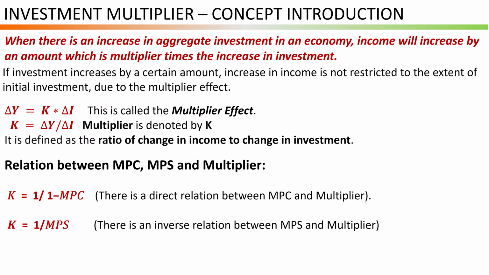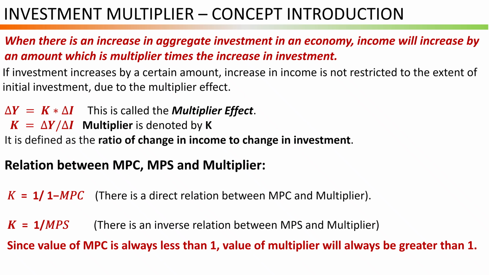So, demand for goods and services increases, which leads to increase in the production levels and increase in demand for factor services by the producers, thereby generating more income in the economy. Since value of MPC is always less than 1, value of multiplier will always be greater than 1.